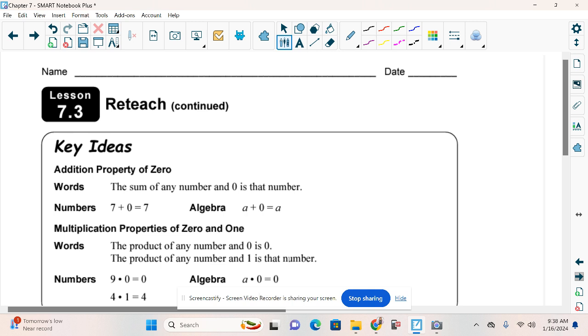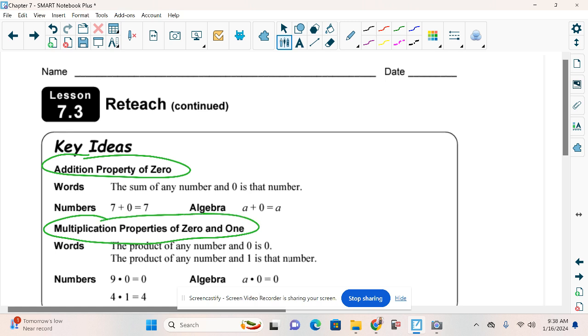All right, if you turn the page, the next property we have is called the addition property of 0. Meaning, anytime you add 0 to anything, does it change the answer? No, it's just itself. So really, you don't even have to add 0. It stays the same. And then you have the multiplication properties of 0 and 1.